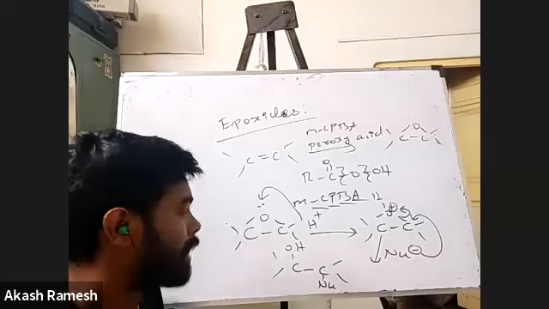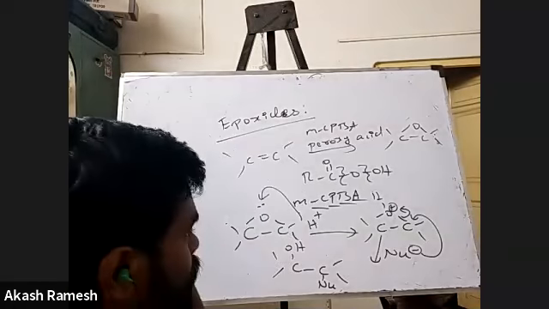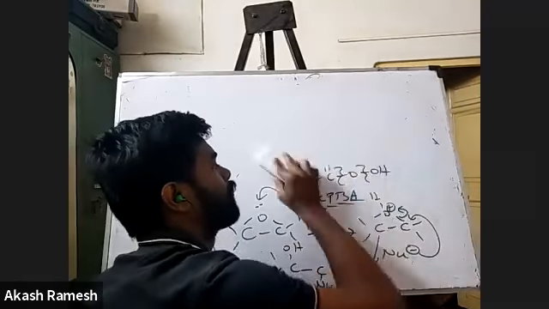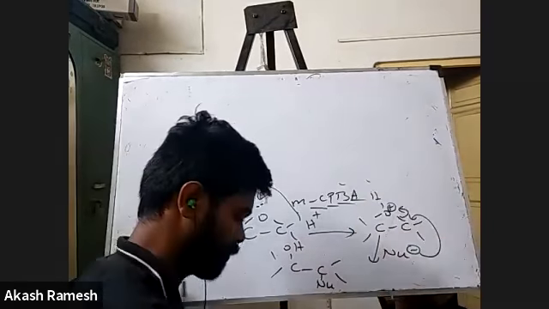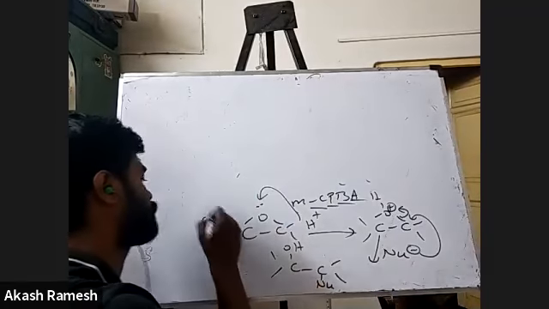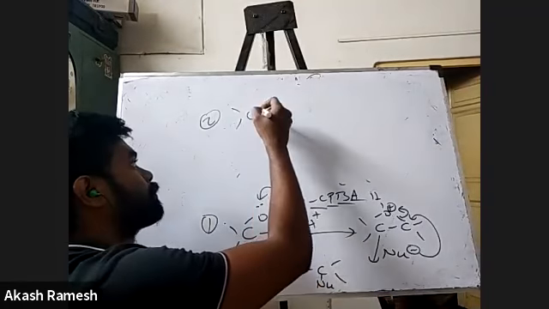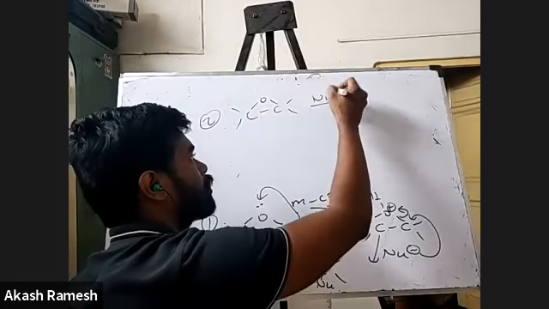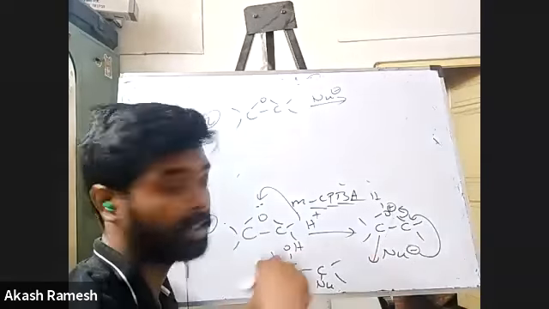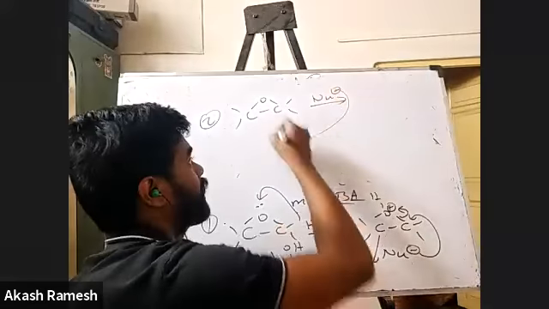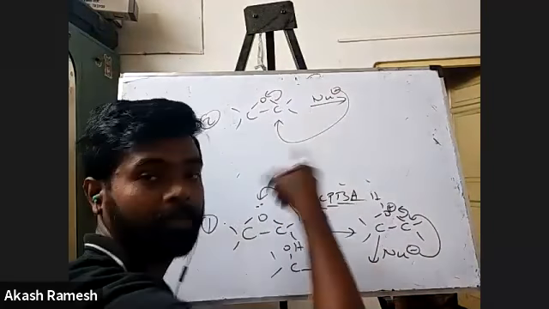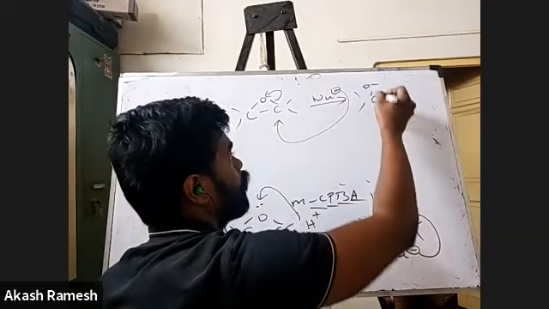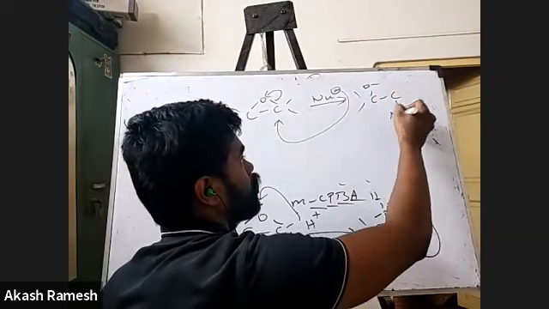Now I can even have it as base catalyzed, in the sense I can directly put the nucleophile. Say this is first, second way, I can directly put a nucleophile. Now what will happen? If this attacks this one, the oxygen will get the negative charge. So I'm going to have O minus, and I have the nucleophile here.